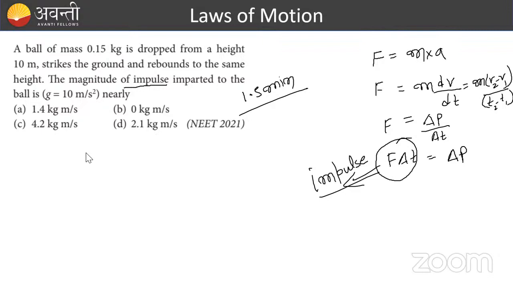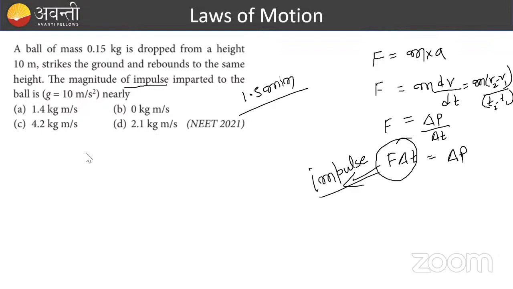Hello, let me know. Has anyone got the answer? Okay, so should I solve it?